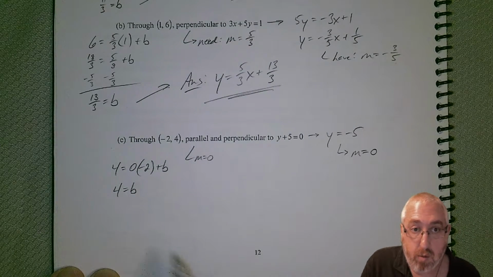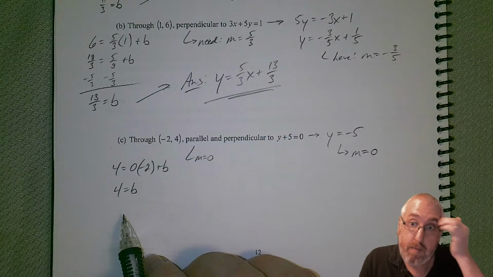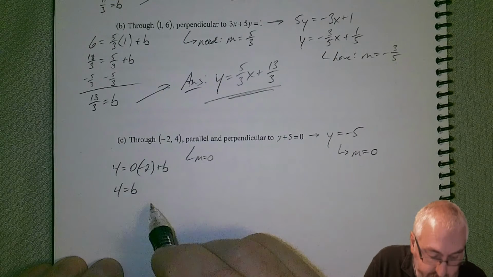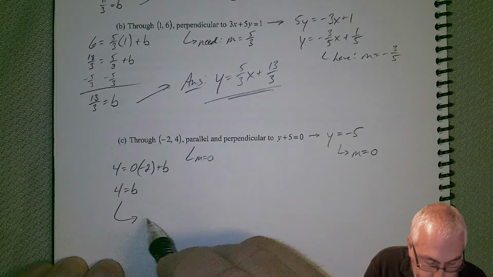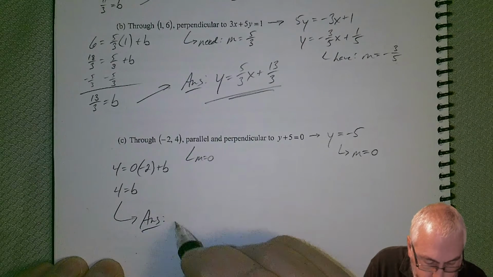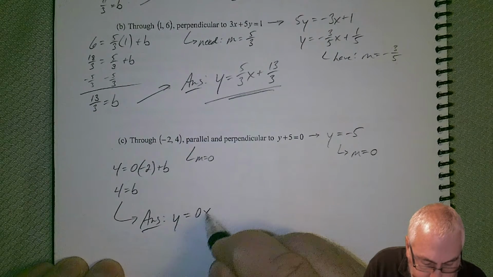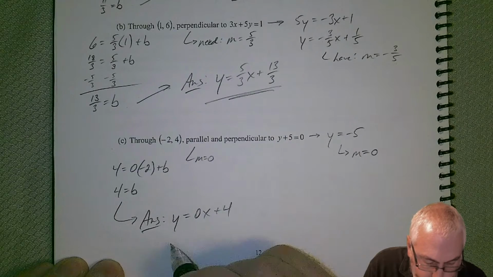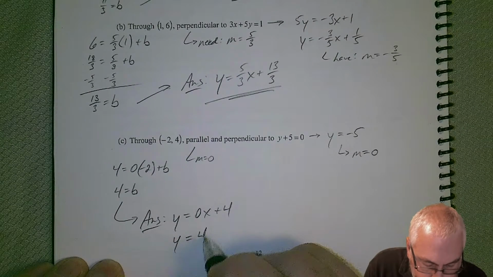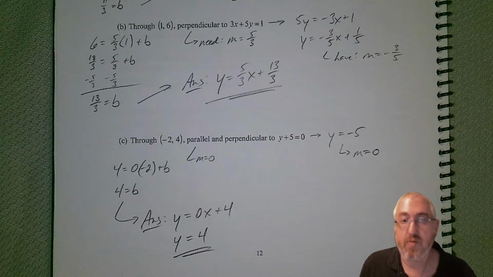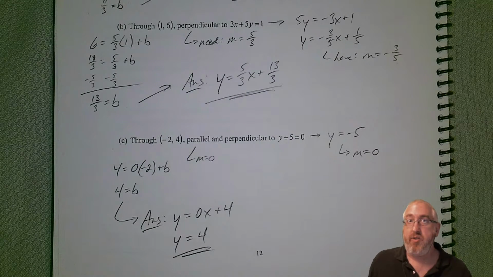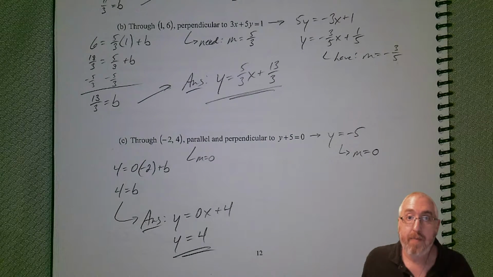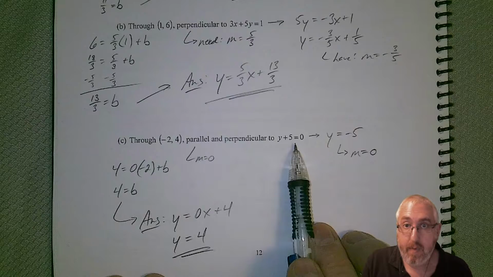Or excuse me, b equals 4. And so now, let's plug it in. So y equals 0x plus 4. So y equals 4 is the equation of the line that's parallel to this line.